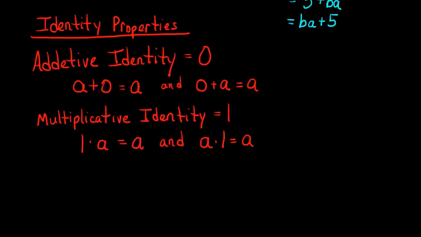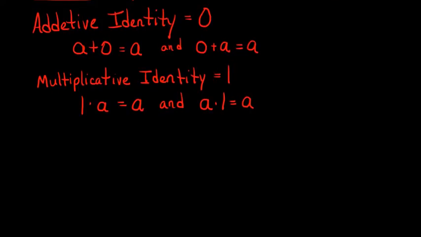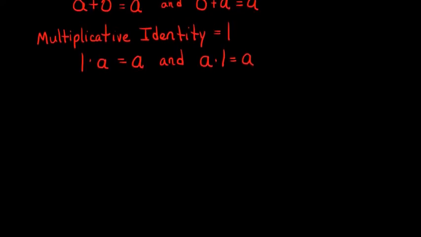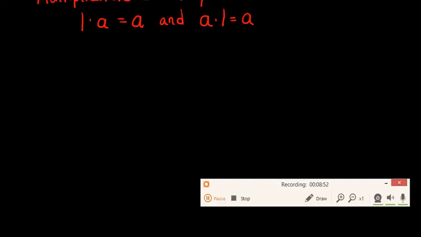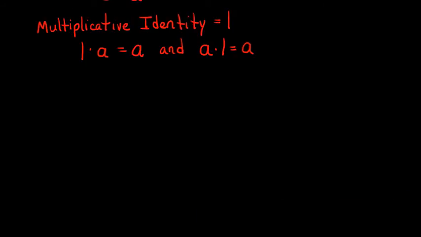Now you know that when we have a bar that's written in the form of a fraction, it means we are dividing. And when we divide a number by itself, we know that we get 1. So, for instance, 5 divided by 5 equals 1.